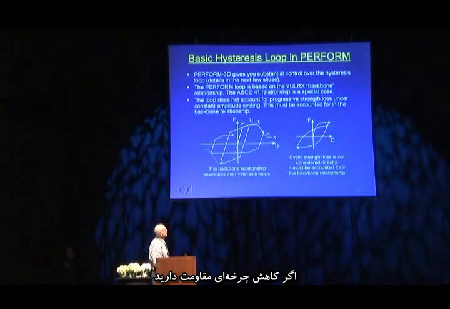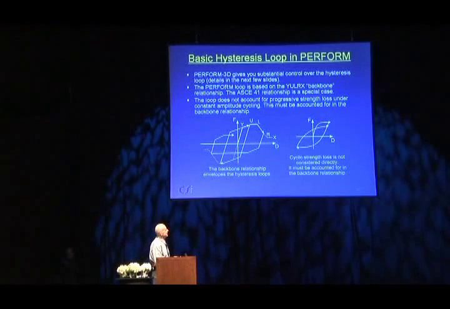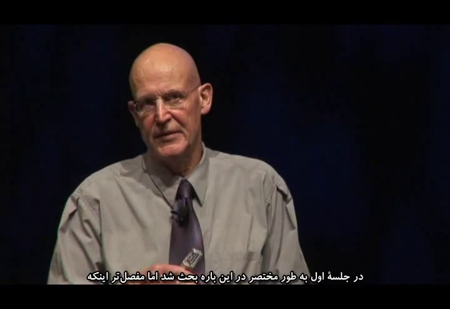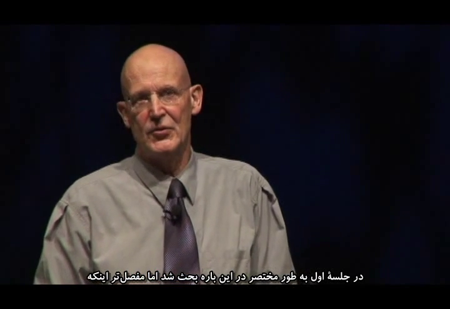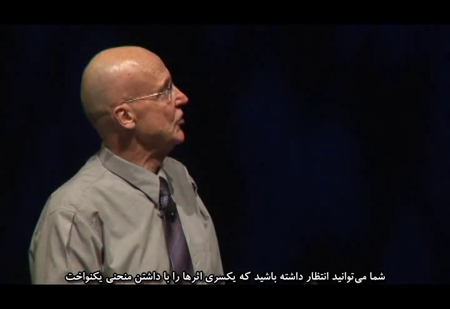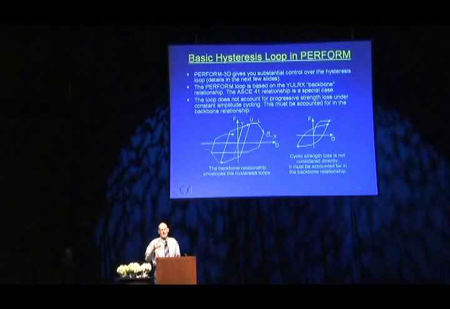If you have cyclic strength loss, or if you cycle to the same amplitude of deformation several times and you get degradation, Perform does not consider this, and I don't think any others do. This was something I discussed briefly in the first session, that in the long term you can expect that you will model this sort of effect directly by having a monotonic curve and a fully degraded curve, and it'll change progressively from one to the other.